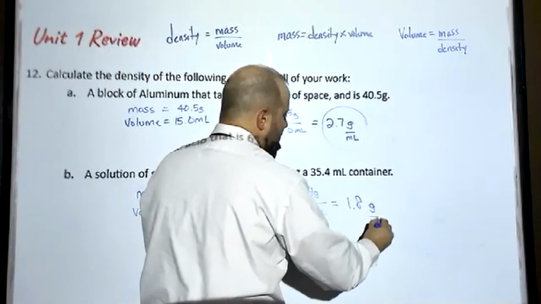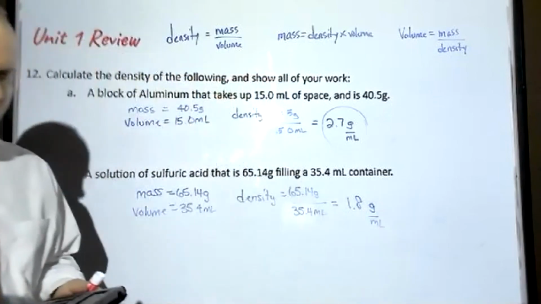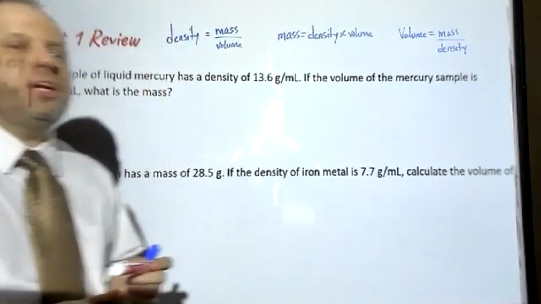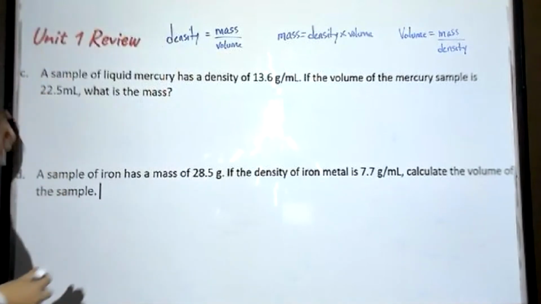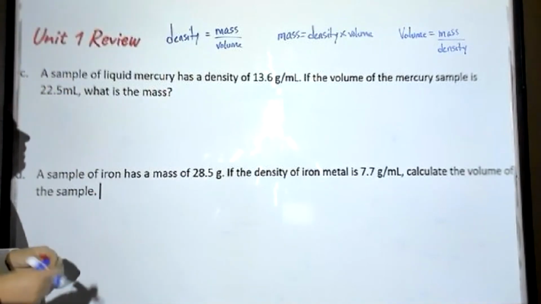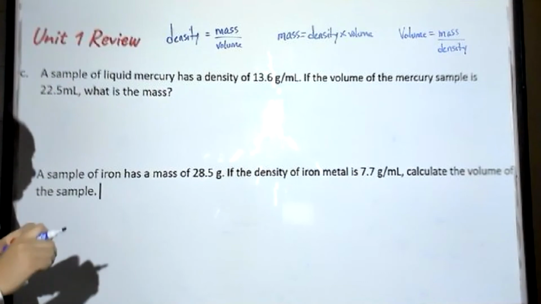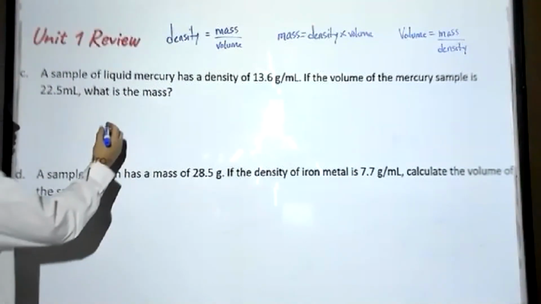We get about 1.8 grams over milliliters. Okay, for our next part here, it says a sample of liquid mercury has a density of 13.6 grams per milliliter.